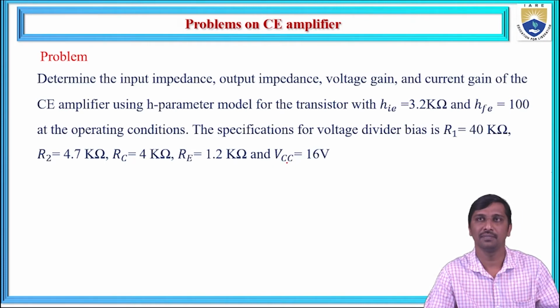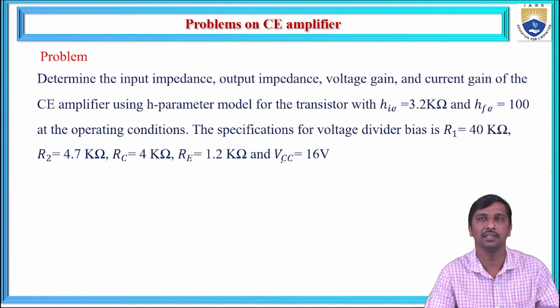So in this problem, we are going to analyze the input impedance, output impedance, voltage gain, as well as the current gain for the common emitter amplifier. To design this common emitter amplifier, they use a voltage divider bias network.